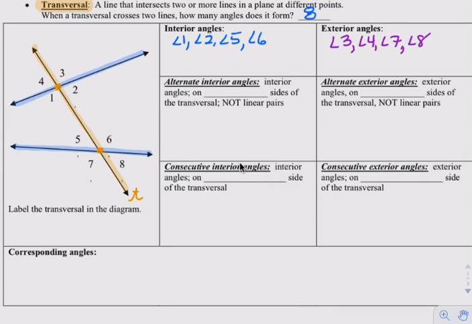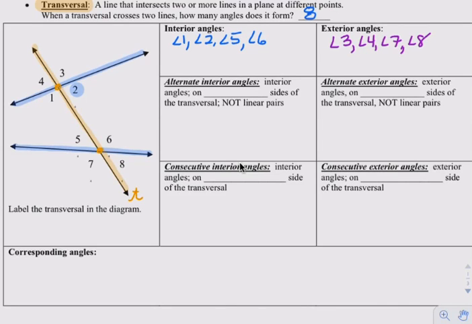Now, in those interior angles, we can kind of specify two different types of interiors. The first one is alternate interior. Alternate interior have to be interior angles on opposite sides of the transversal. So if you picked angle 2, for example, the alternate interior needs to be another interior angle, so you can choose from 1, 5, or 6, but it has to be on the opposite side of the transversal, so that rules out number 6.